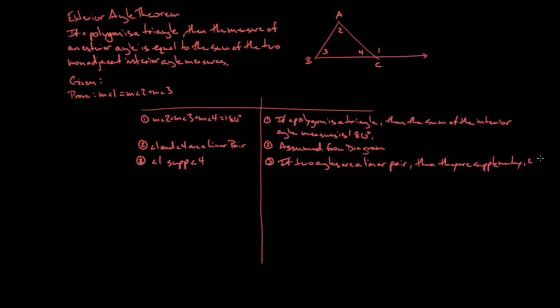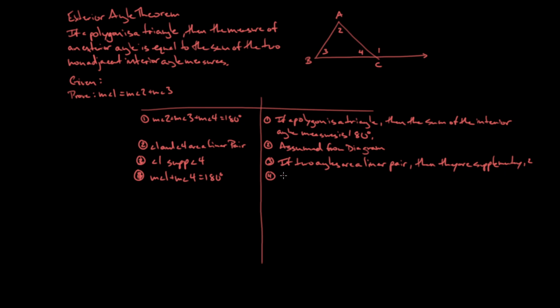Okay. And then I can turn them into an equation here. So statement number 3 will be that the measure of angle 1 plus the measure of angle 4 is equal to 180 degrees. And that just comes from my definition of what it means to be supplementary. I did it again. 4. That's totally readable. Okay.